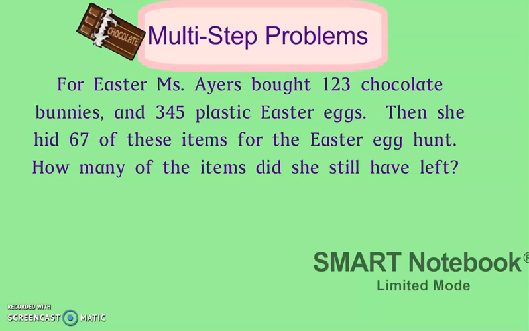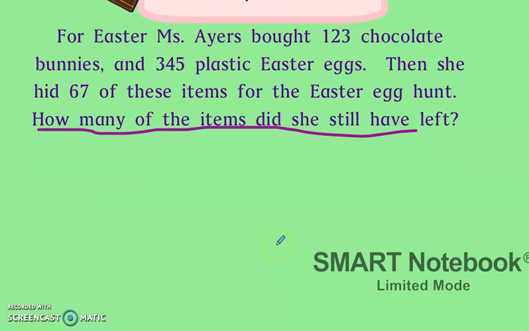Let's remember, we need to use our problem-solving checklist. Okay, guys, what is the problem asking us? If you said, how many items did she still have left? You are correct.